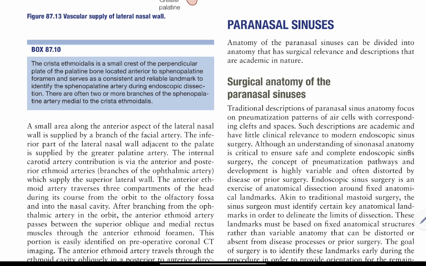Although an understanding of the sinonasal anatomy is critical to ensure safe and complete endoscopic sinus surgery, the concept of pneumatization pathways and development is highly variable and often distorted by disease or prior surgery. Endoscopic sinus surgery is an exercise of anatomical dissection around fixed anatomical landmarks.